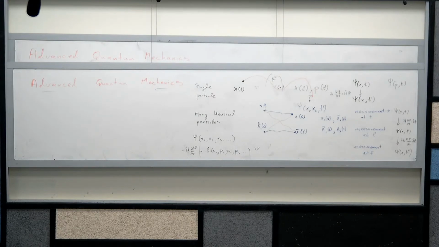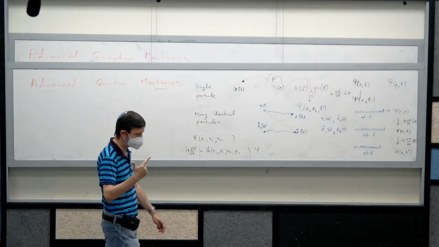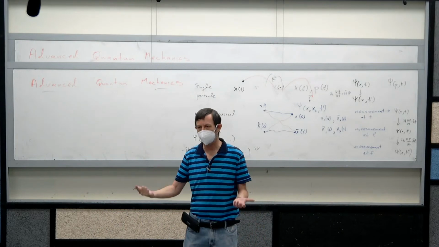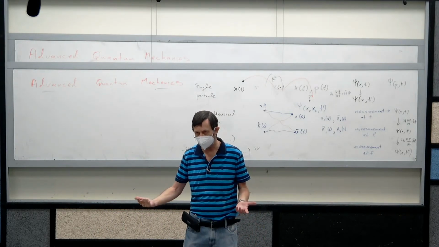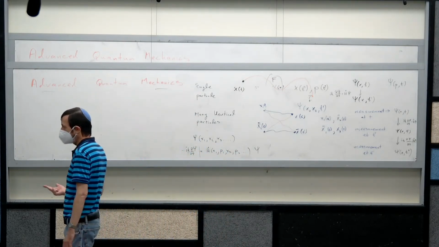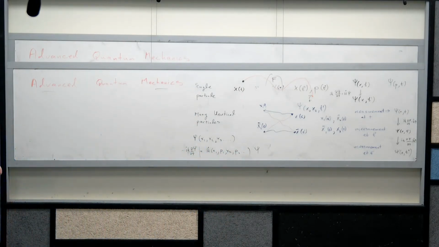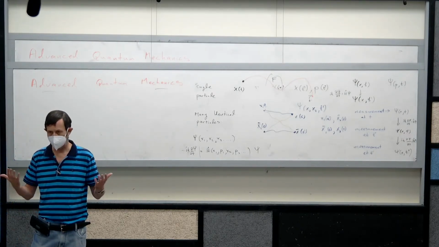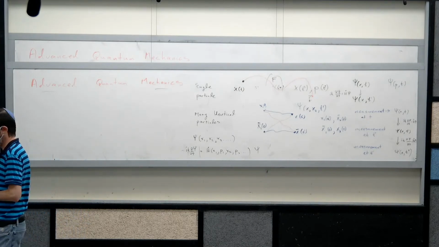We'll come out with the knowledge to describe systems where I don't necessarily have a conservation of number of particles, and I will know at least the beginning of treating relativistic systems, relativistic quantum mechanics.